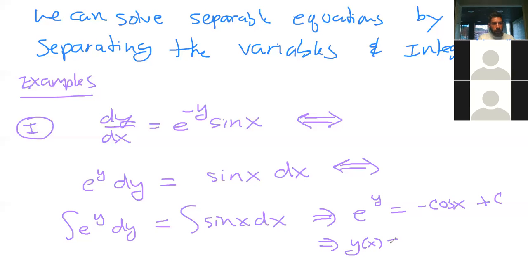My solution: y equals the log of c minus the cosine of x. Does anybody have a question about this?